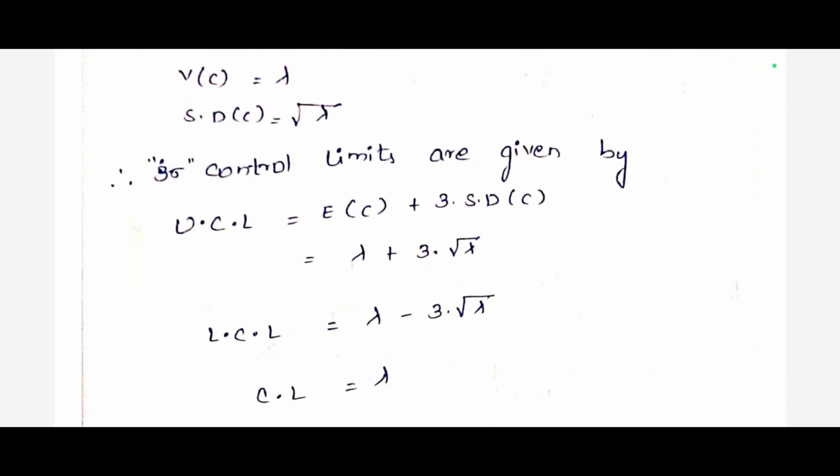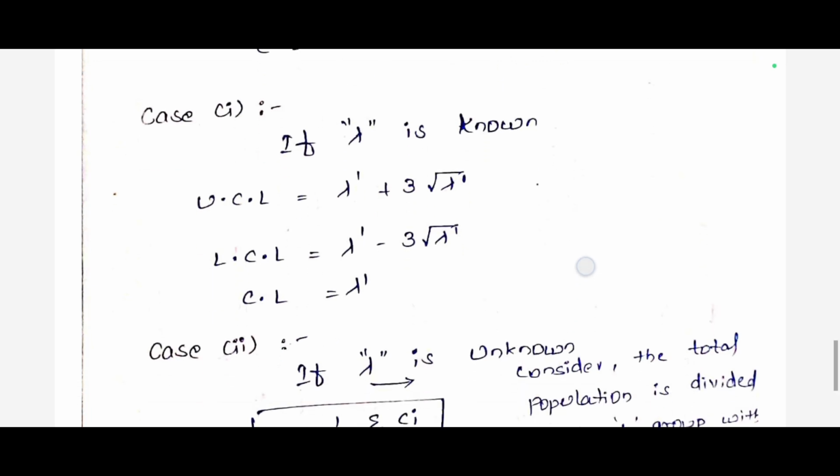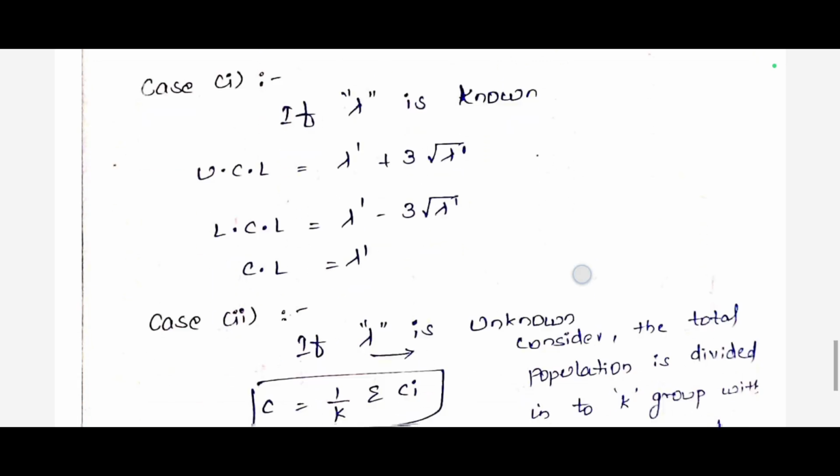Therefore the 3 sigma control limits are: UCL is the expected value of C plus 3 into standard deviation of C, that is lambda plus 3 into under root of lambda; LCL is lambda minus 3 into under root of lambda; CL is lambda. In case 1, if lambda is known, you can directly put in the values for UCL, LCL and CL.